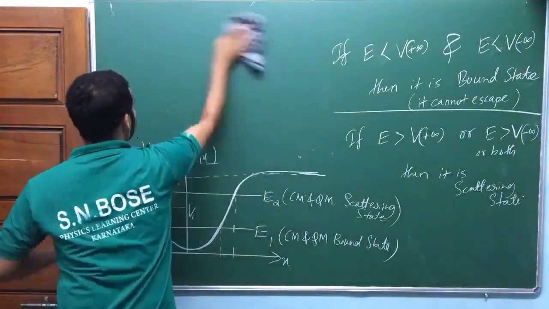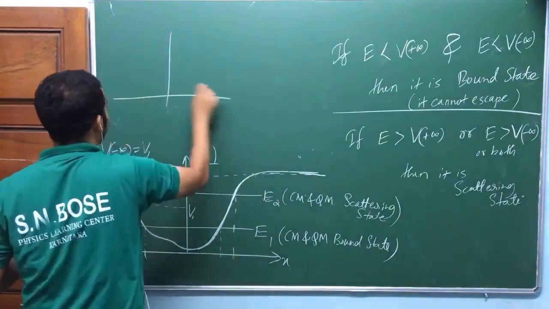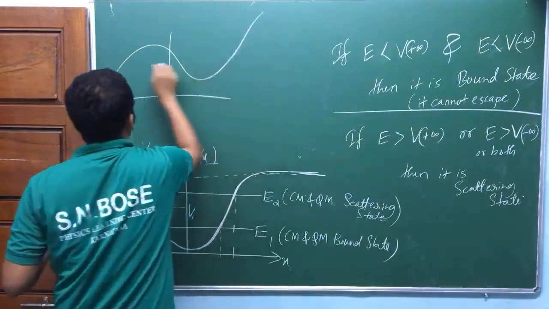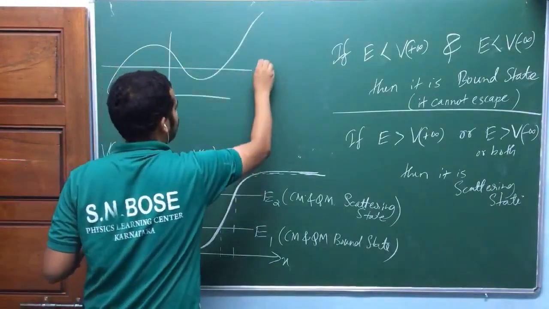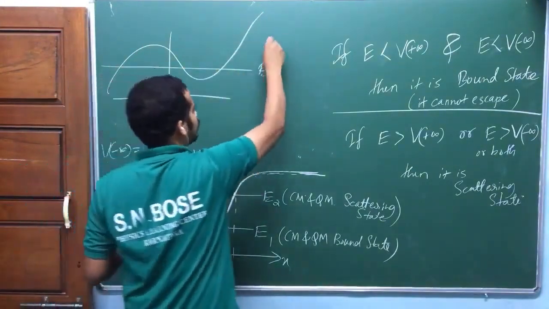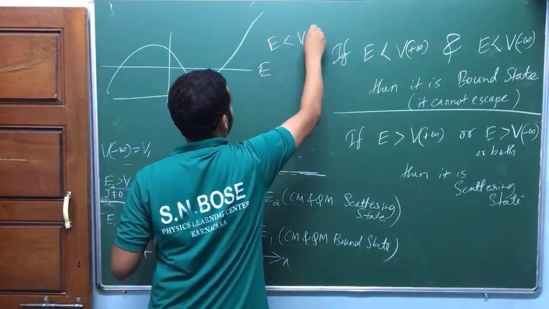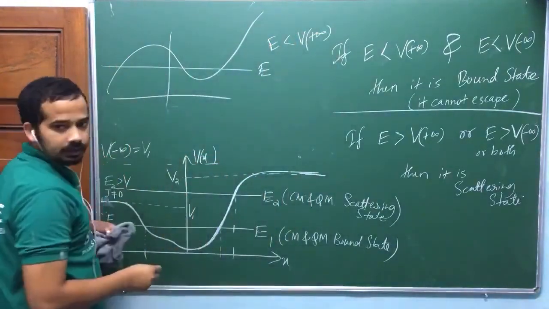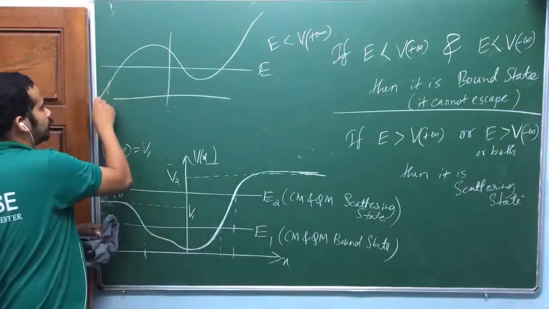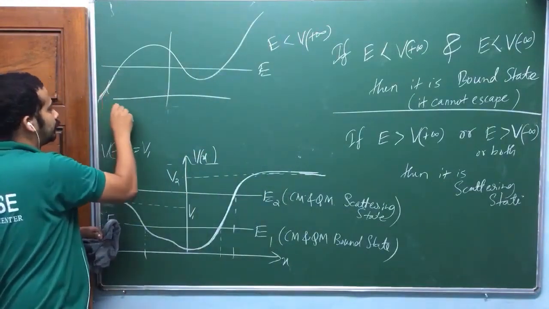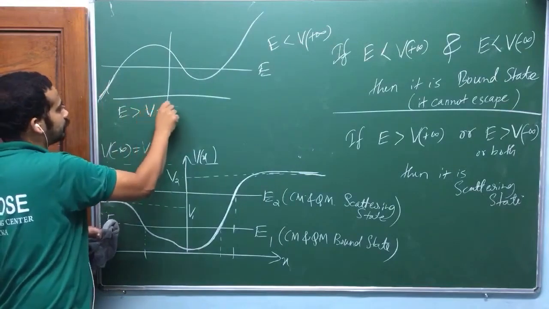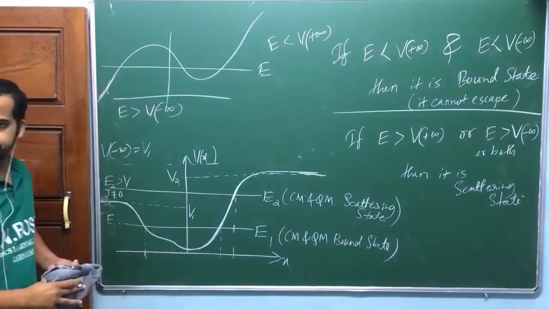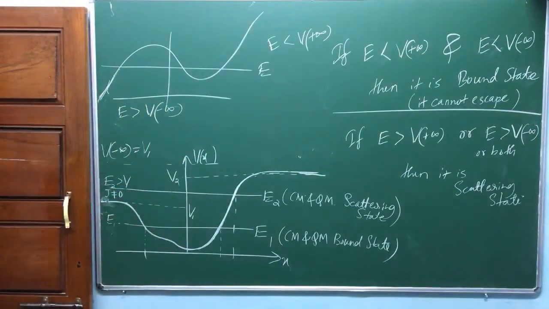Don't forget this situation, this is a very good example. In this situation, energy is less than V at plus infinity, but energy is greater than V at minus infinity, isn't it? Look at here. Energy is greater than V at minus infinity. Scattering state.